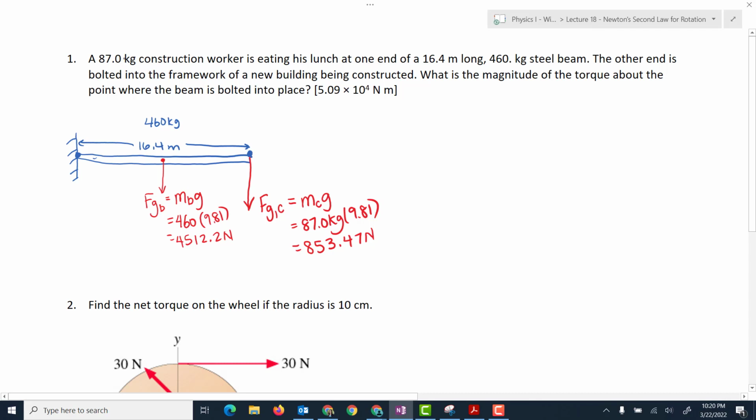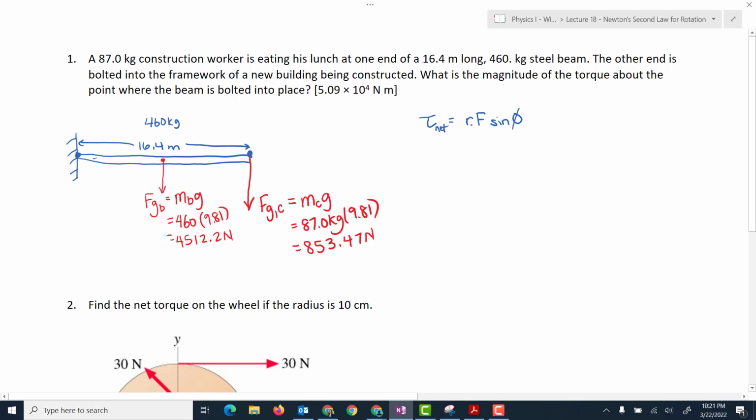So we can look back at our formula for torque. The torque is equal to r F sine of the angle between the r vector and the F vector. But we have two different forces here. We have a force of gravity of the beam and the force of gravity of the construction worker. So I'm going to put the net torque here, and I'm going to add up two different torques.